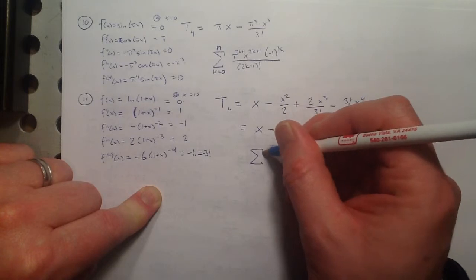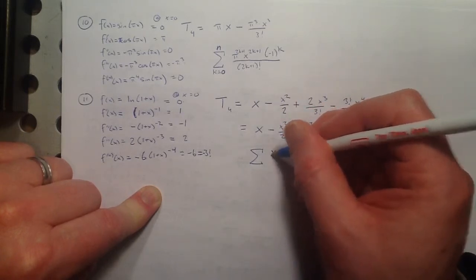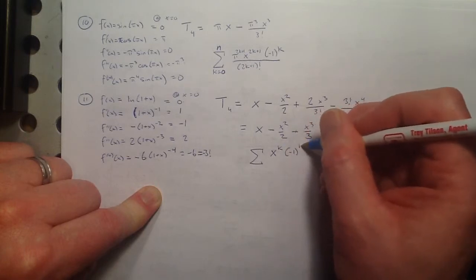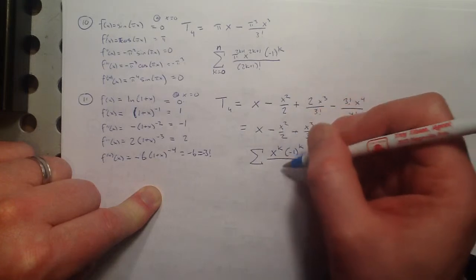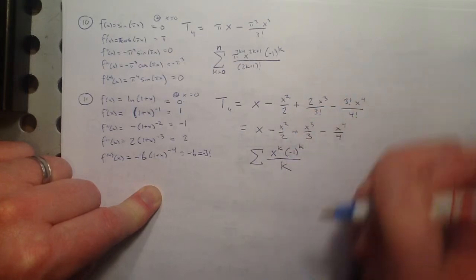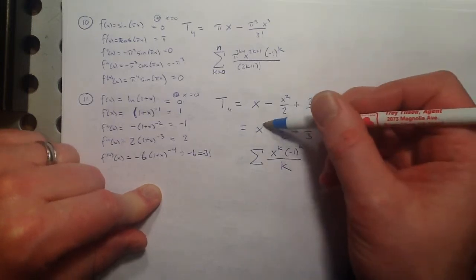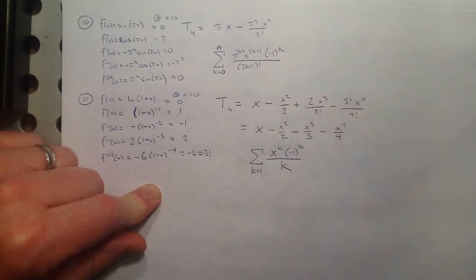And in sigma notation, it looks like I need x to the k power. I need a sign flipper, and then divided by the same as that power, which is k. Now here in this one, it looks like I would like to start at k equals 1.